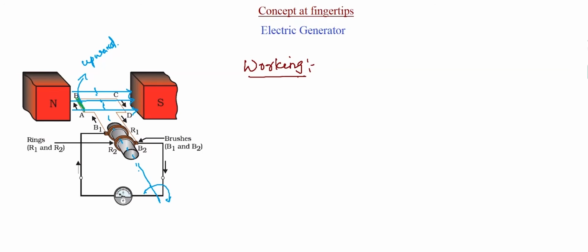According to Fleming's right hand rule, the thumb will point in the direction of the conductor motion.